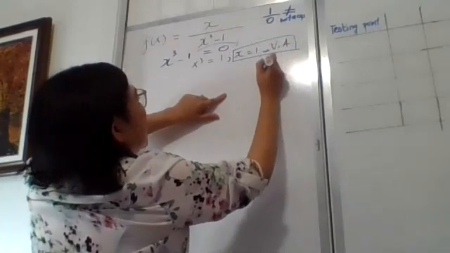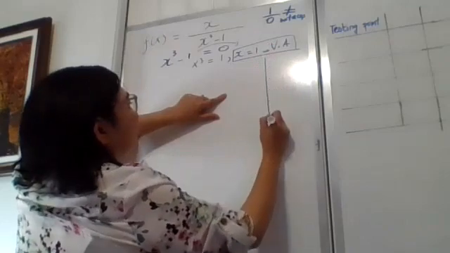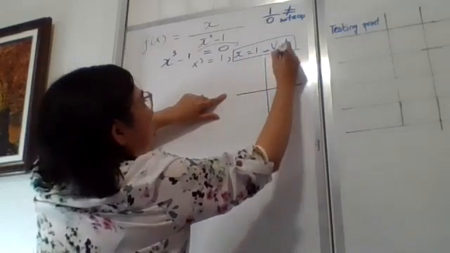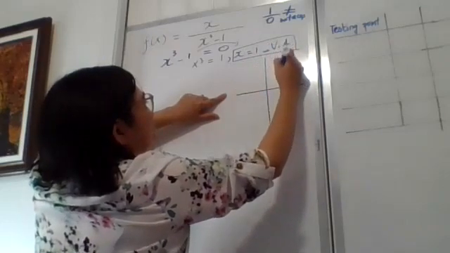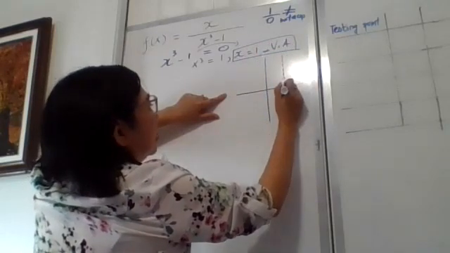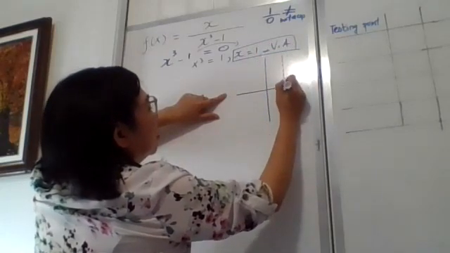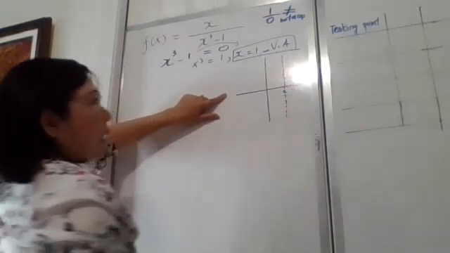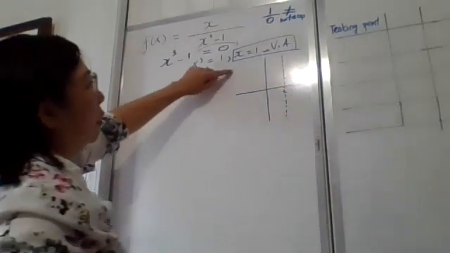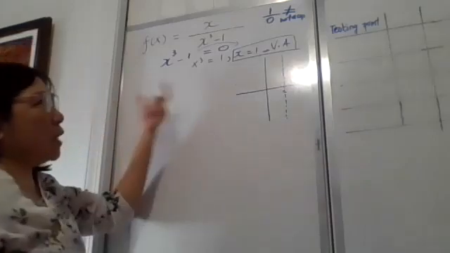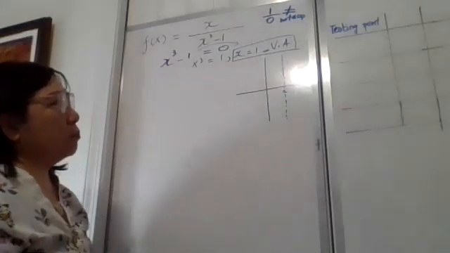Okay, so let me explain the vertical asymptote. Let's say you have a coordinate plane, and at this value, x equals 1, you have a vertical asymptote like that. So that is about the vertical asymptote.